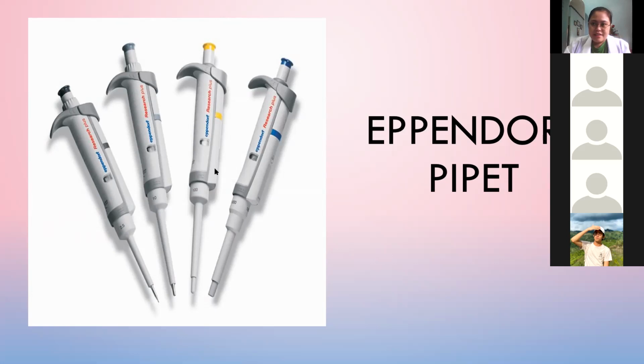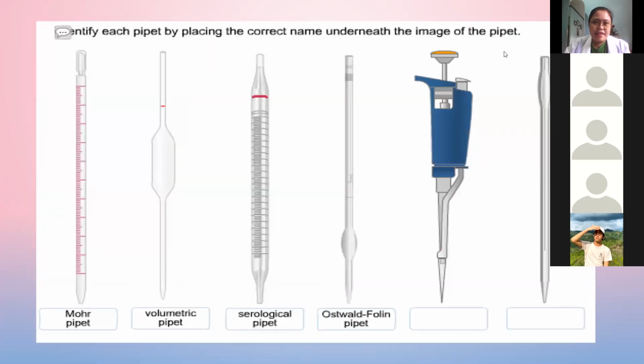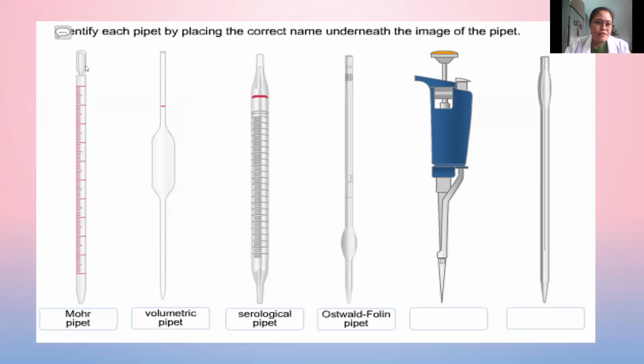Wala. So let us see. Again, let us identify the different types of pipette. So do not forget, this is our more pipette here. Take note of the different calibrations because this is used to deliver variable amounts of liquid. And then this one is the volumetric pipette. As you can see, you have the bulb here and one calibration only. So this is used to deliver fixed volume of liquid.